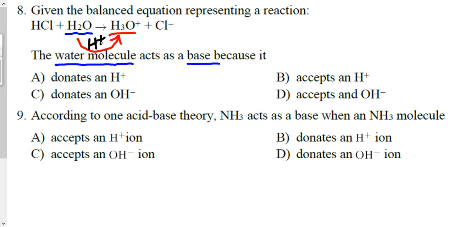So if you literally think about how many hydrogens we have, how many oxygens we have, from your left side to your right side for the water molecule, since it became H3O plus, that means we have an extra hydrogen with a positive sign. And that means water accepted a proton.